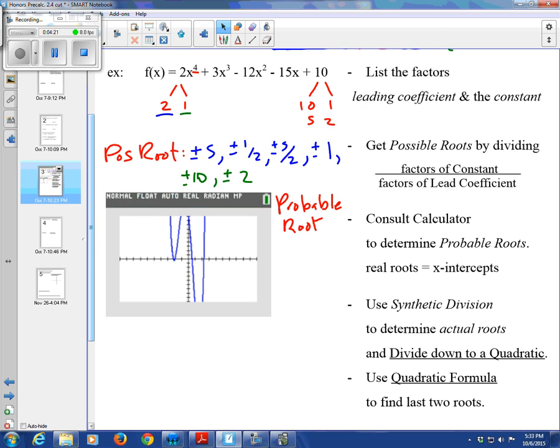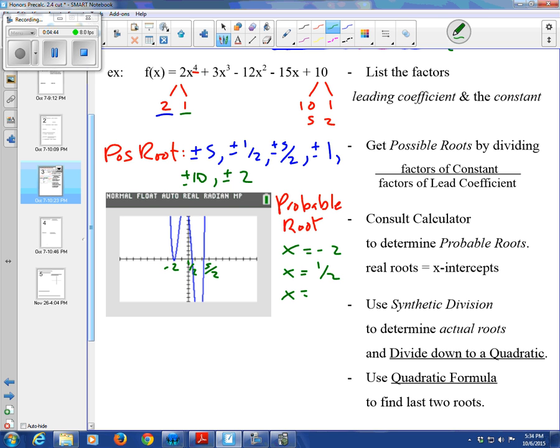So right here, looks like -2 might be one, so we can say x equals -2. Looks like we might have one at 1/2. That could be a possible x-intercept there. And then maybe over here at 5/2.